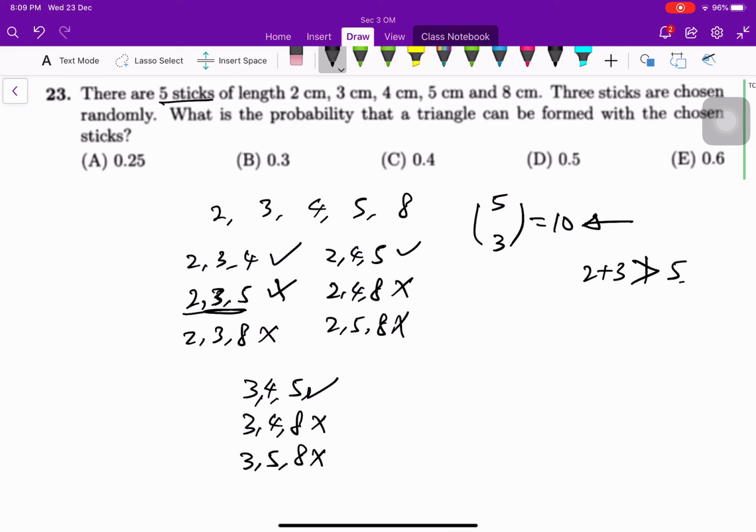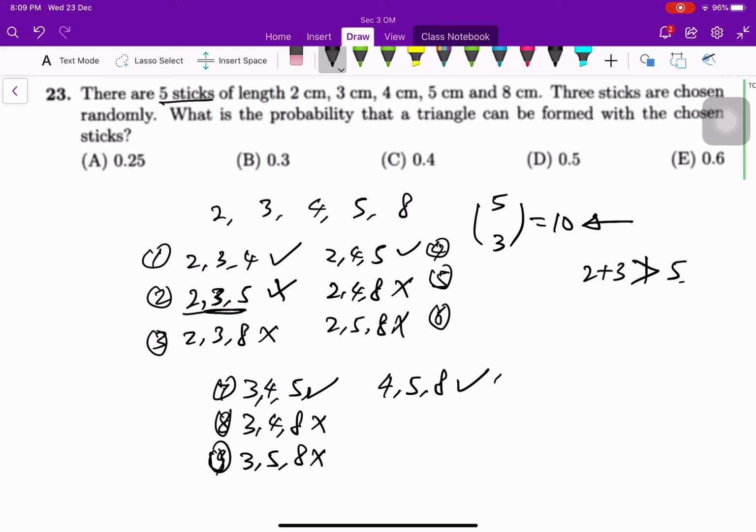This is also not possible. Therefore, the last case is 4, 5, 8, and this is possible. That is 1, 2, 3, 4, 5, 6, 7, 8, 9, and 10. If you don't understand how I get 10, these are the 10 possible combinations.